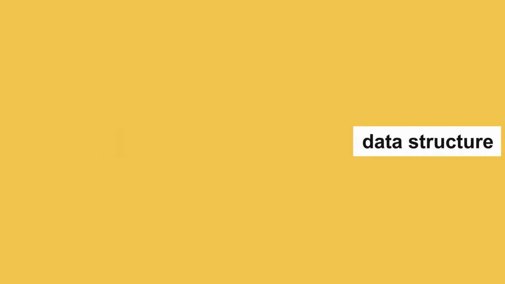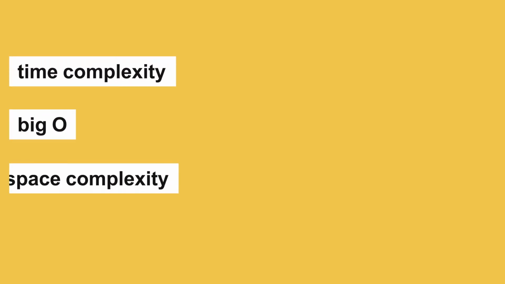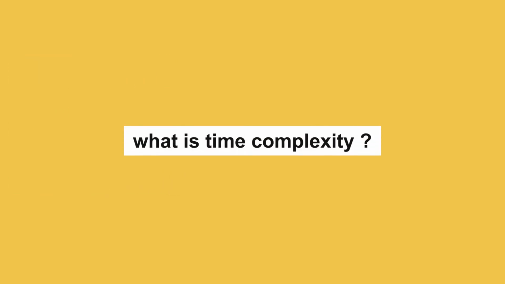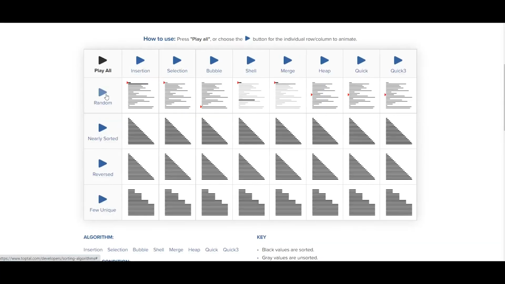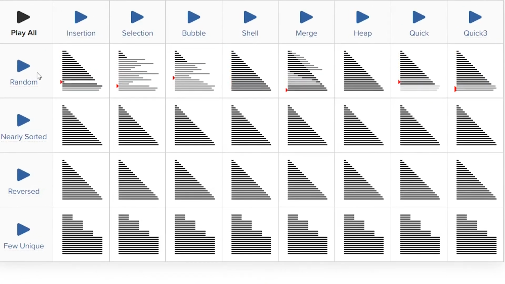Before we dive into algorithms, when you decide to learn algorithms and data structures, you will hear about time complexity, big O notation, and space complexity. So, what is time complexity? The amount of time required to complete an algorithm's execution is called time complexity.